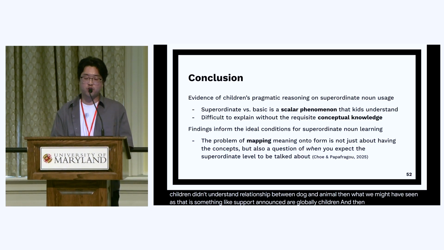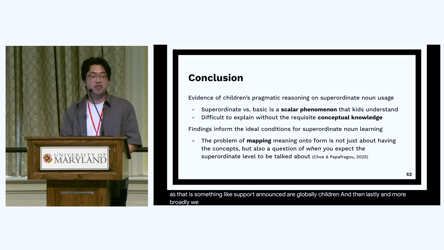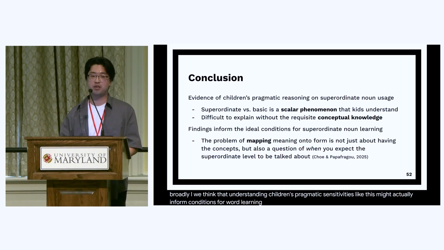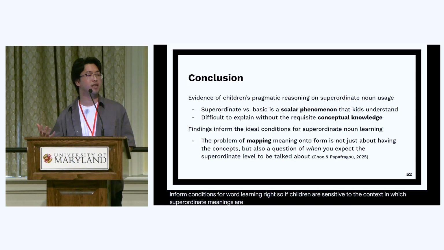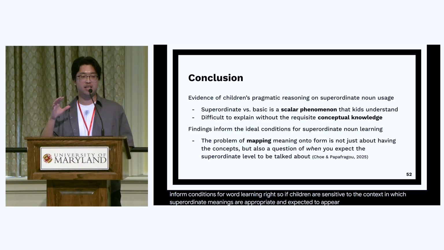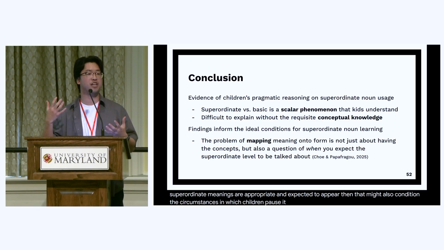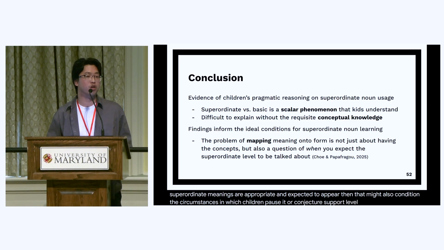And then lastly and more broadly, we think that understanding children's pragmatic sensitivities like this might actually inform conditions for word learning. Right? If children are sensitive to the context in which superordinate meanings are appropriate and expected to appear, then that might also condition the circumstances in which children posit or conjecture superordinate-level word meanings when they're doing word learning.